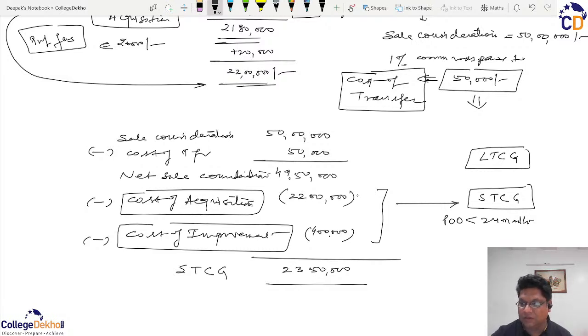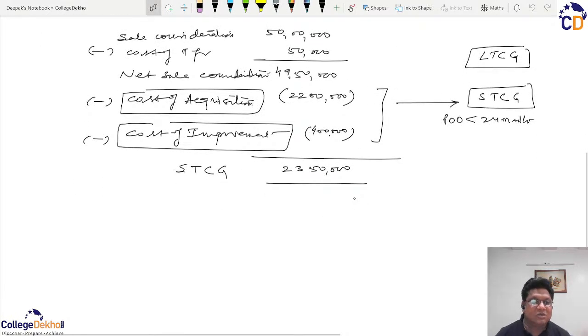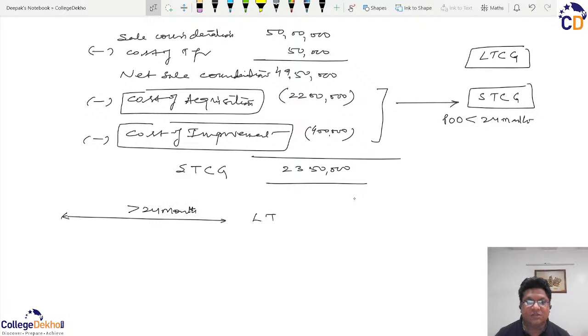But just a moment. But if, like in this case, because the period of ownership is more than 24 months, and because it is a long term capital asset, so we will calculate long term capital gains.